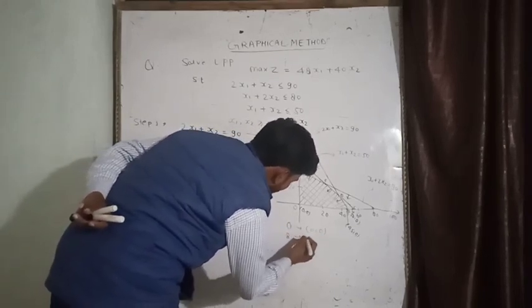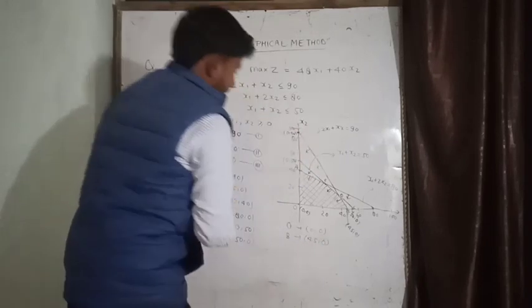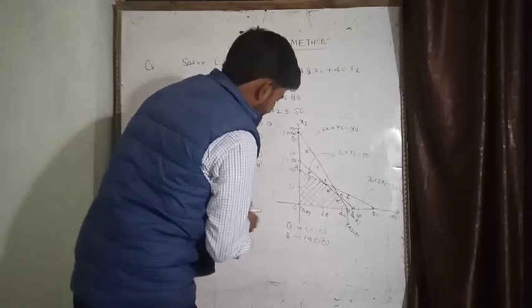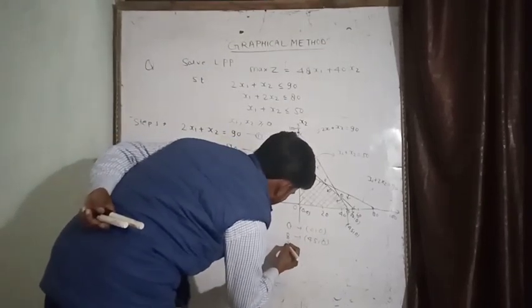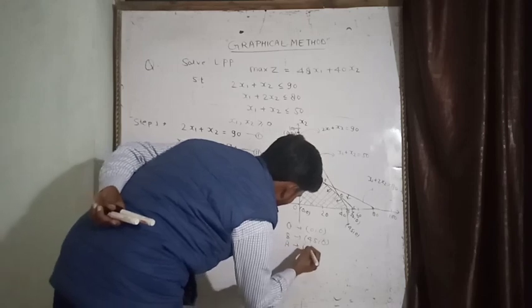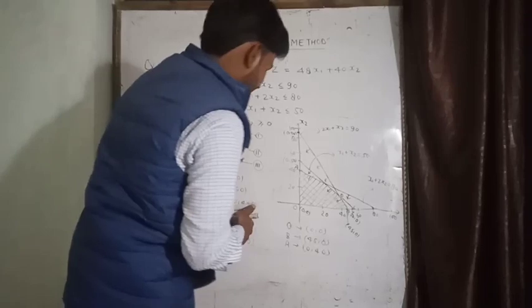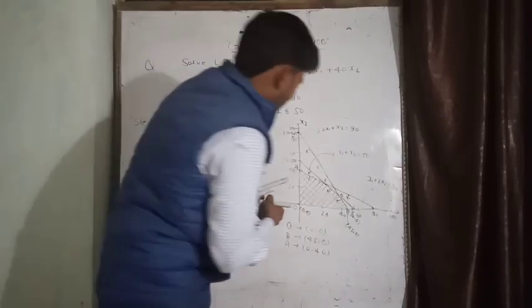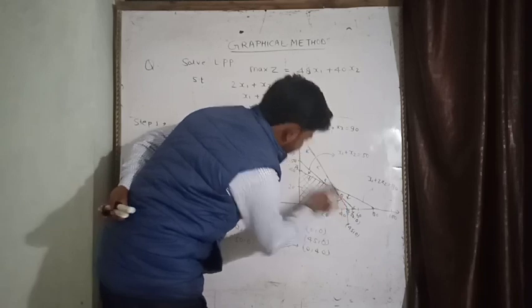B is your 45, 0 and A is your 0, 40. And now we have to find the solution of E and D.